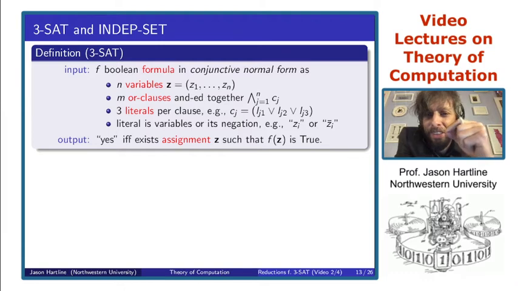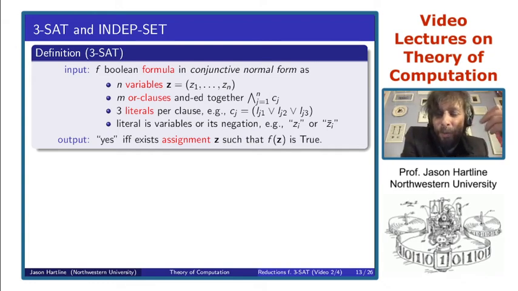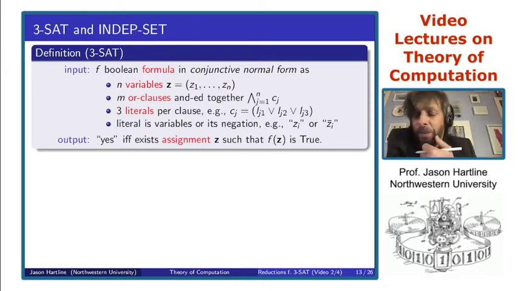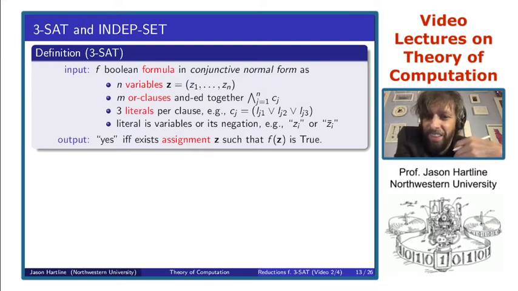If one of an OR clause's literals is true, that means the clause is true, and if we want the AND of a bunch of OR clauses to be true, it better be that all of them are true. This is a decision problem, and the answer is yes if there exists an assignment to the variables of true and false that makes it true.